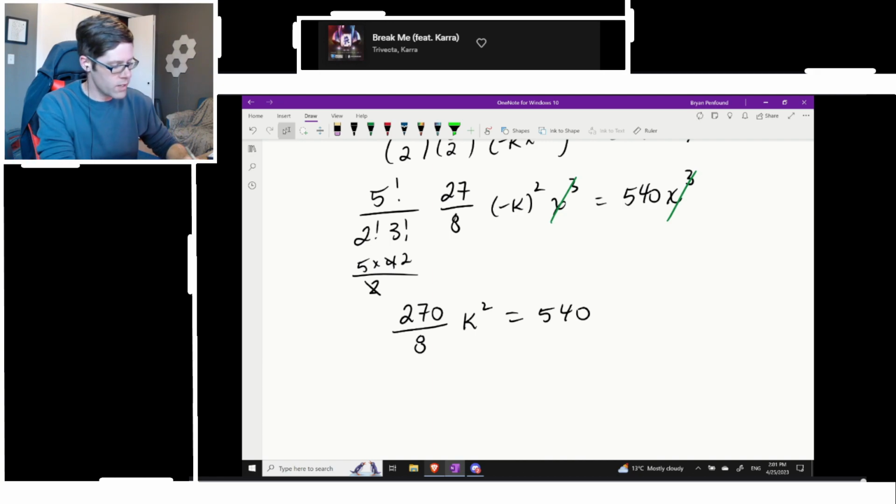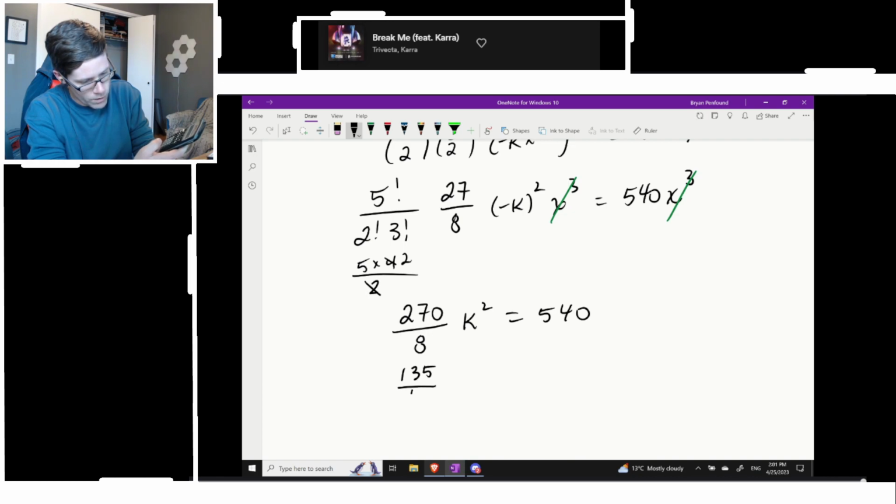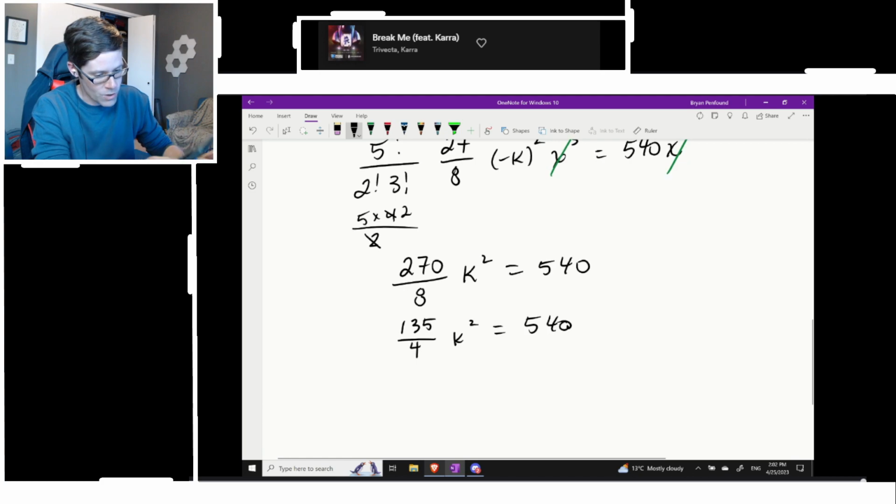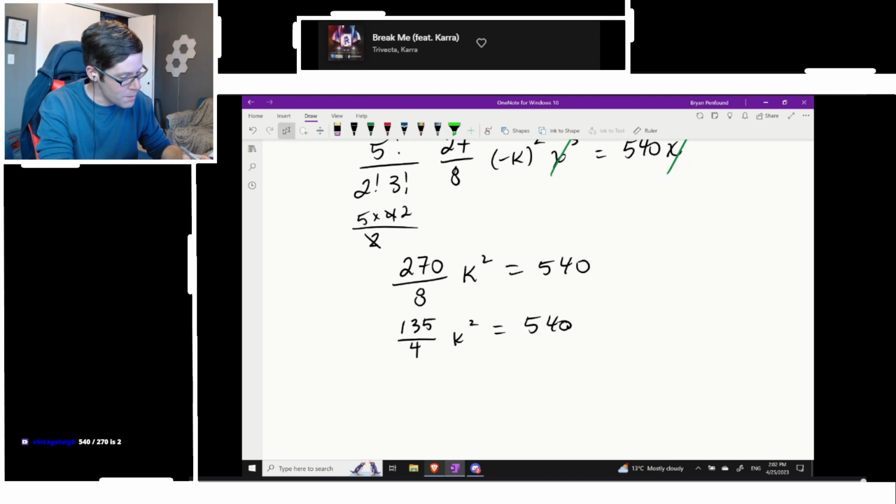Eight only has 2's in it, so let's see, how many 2's can I get out of 270? Probably just 1, right? Yeah, so that'll give me 135 over 4. Now, the question is, if I do all of this work and I don't get a squared number, I'm going to be so upset. What is 540 times 4 divided by 135?